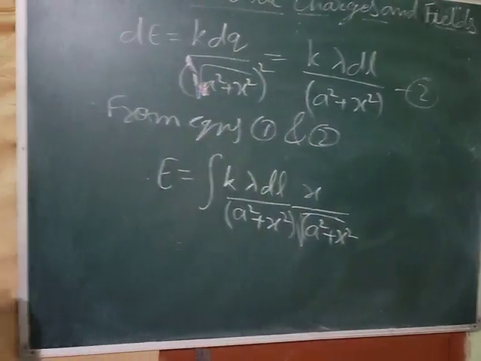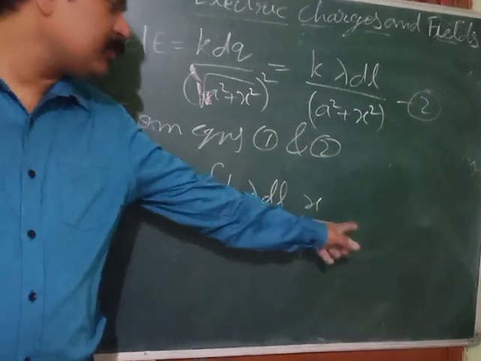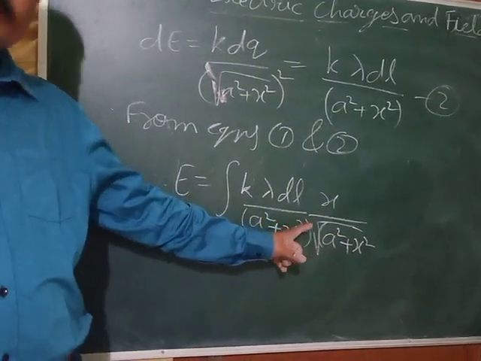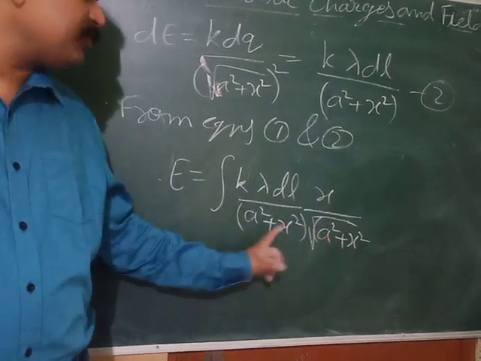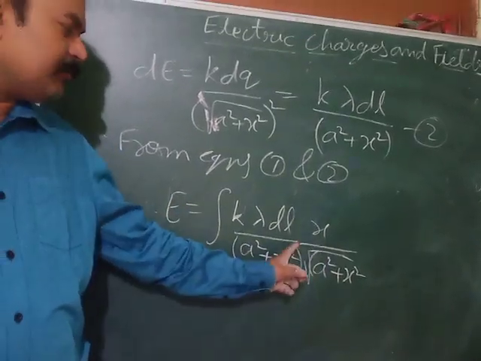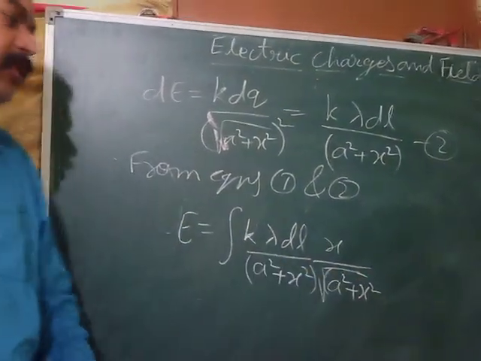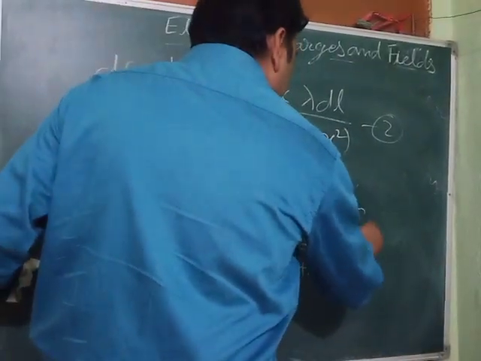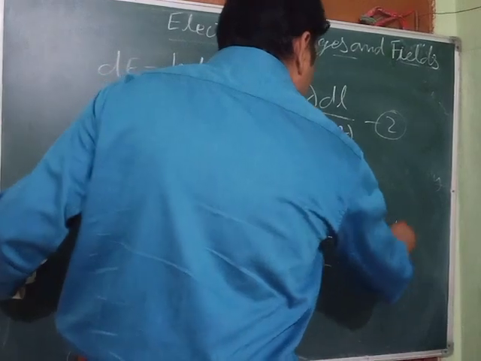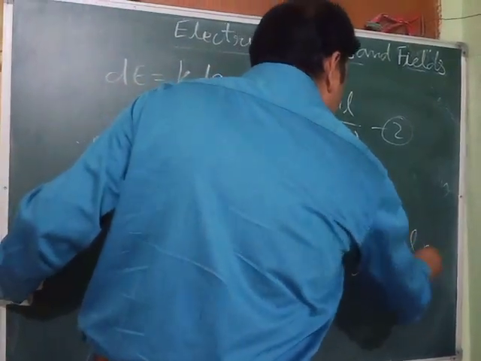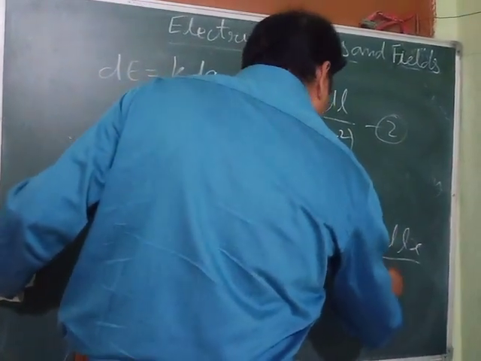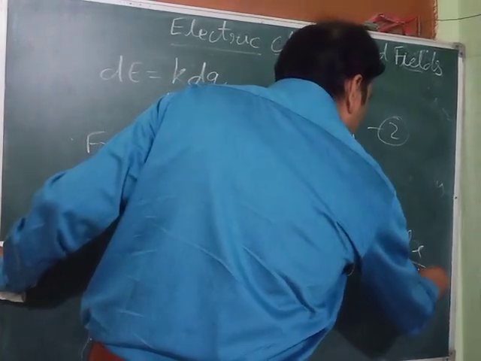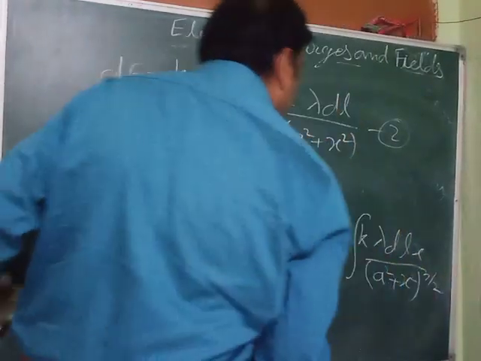Now, square root means power half, and the power of the other term is 1. Because the bases are the same, we can add the powers: 1 plus half, we will get 3 by 2, that is 1 and a half. So k lambda dl x upon a square plus x square whole to the power 3 by 2. That's what we will get.